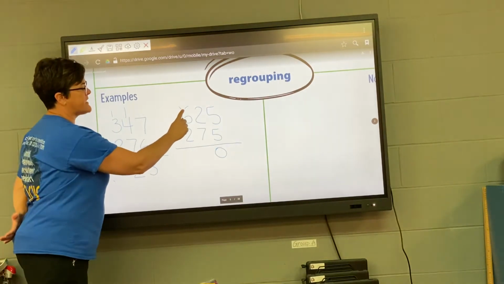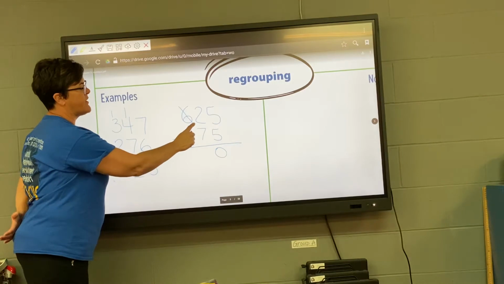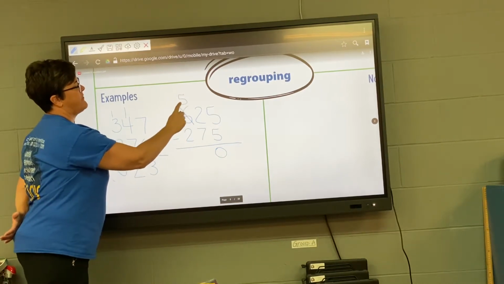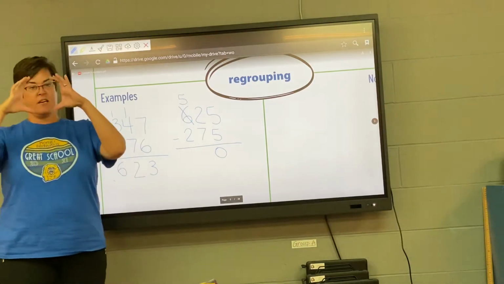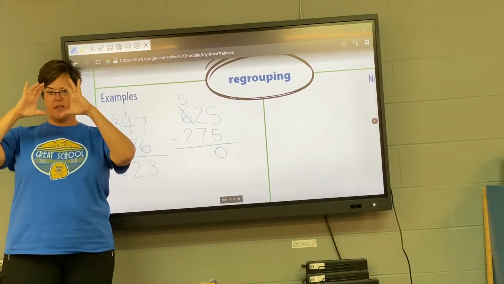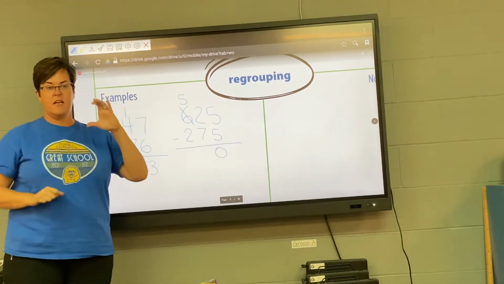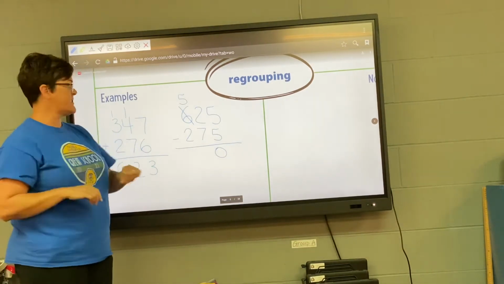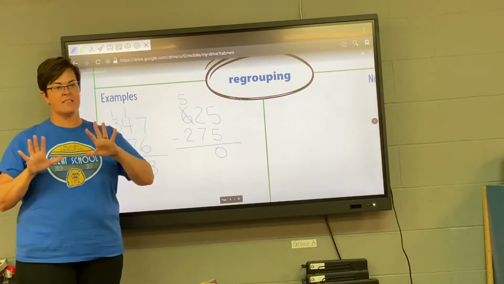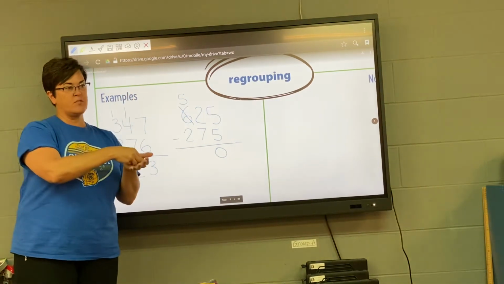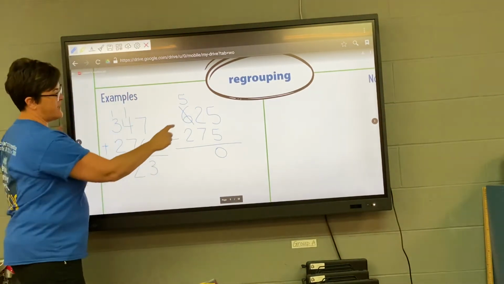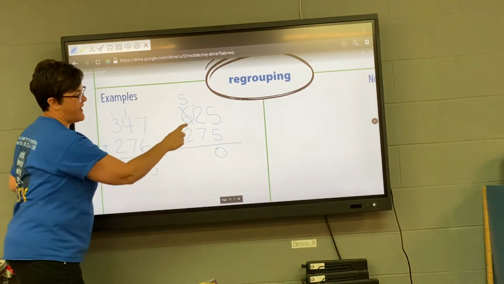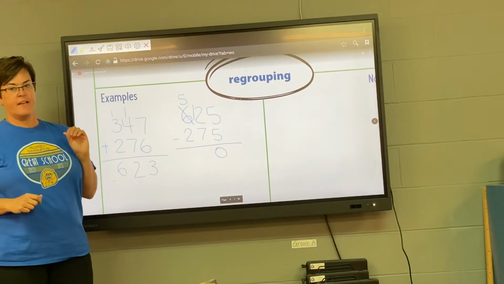But now if 6 gives me one of their hundreds, how many do they have left? 5 hundreds left. Now that 100, it's one of those big ol' 100 squares. You break it apart, and how many tens do you end up with? 10 tens. So I have 10 tens, and I have to add that 2 tens with it. So how many tens do we have now? 10 plus 2. So now I have 12 tens, don't I?